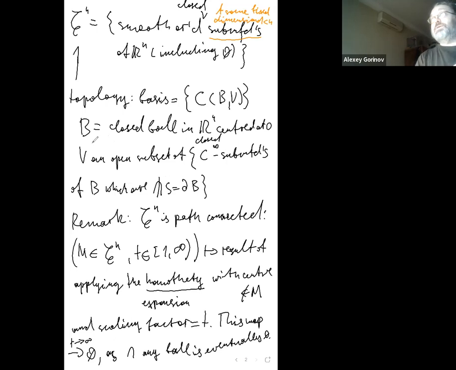I said what B is, and I said what V is, but I didn't say what CBV is. So let's say it's the space of M inside Cn such that M intersected with B is inside CBV.